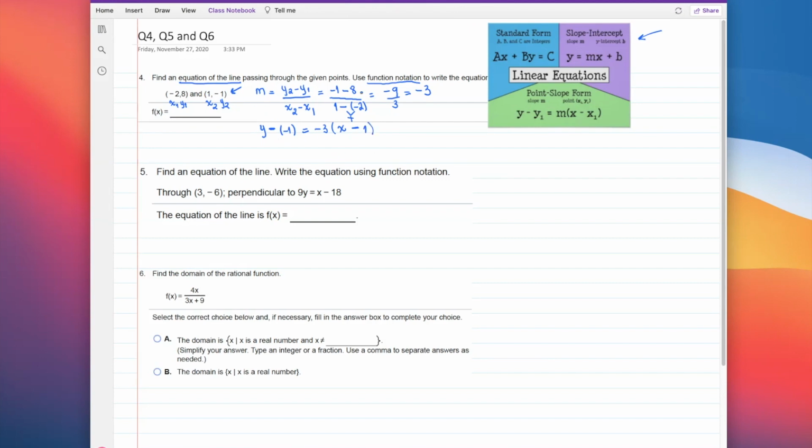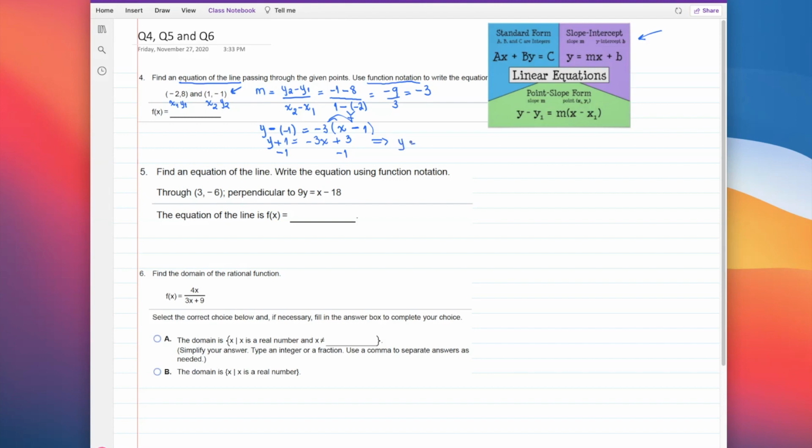Now, how I want this in function notation, I have to transform this by algebraic manipulation into another form, the slope-intercept form. So let's isolate the y. First, I have to say that this is y plus 1. Apply the distributive property here, -3x plus 3. Then I add the opposite of 1 on both sides, and I continue here.